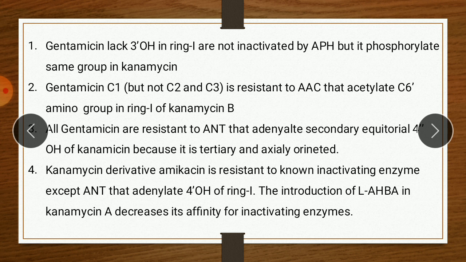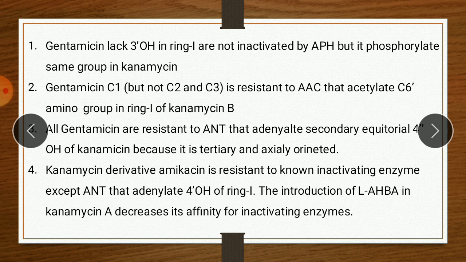If we change the position from axial to equatorial, then it is easily attacked by the ANT enzyme. But in all gentamicins, this hydroxyl group at the 4' position is oriented axially, therefore there is no attack of ANT.